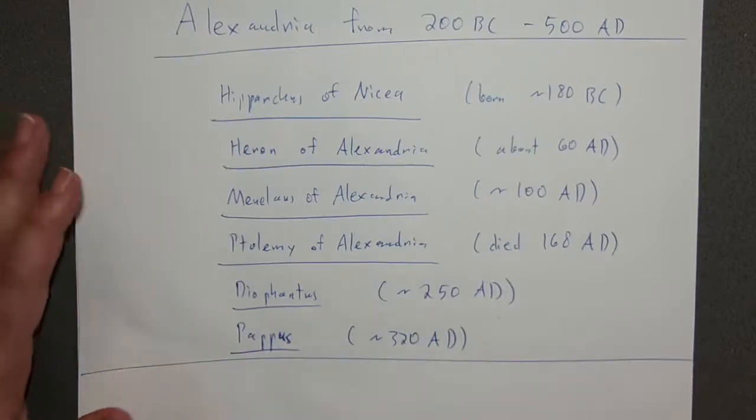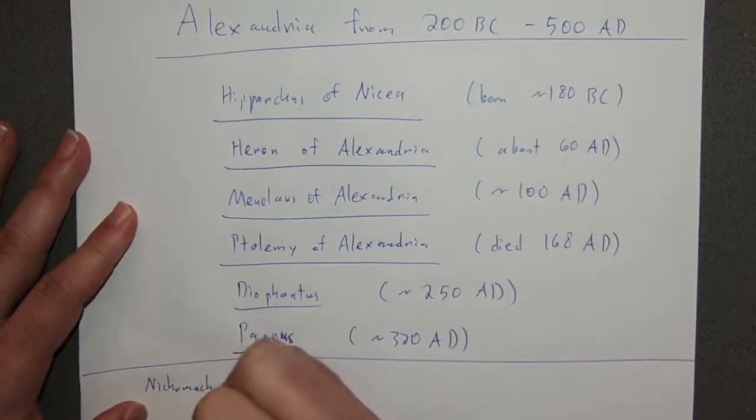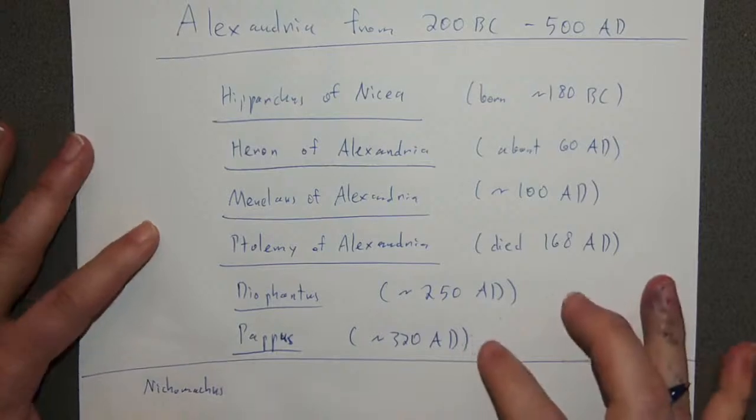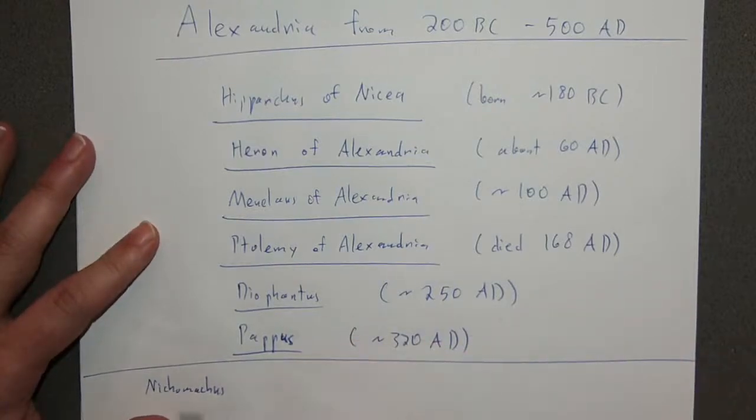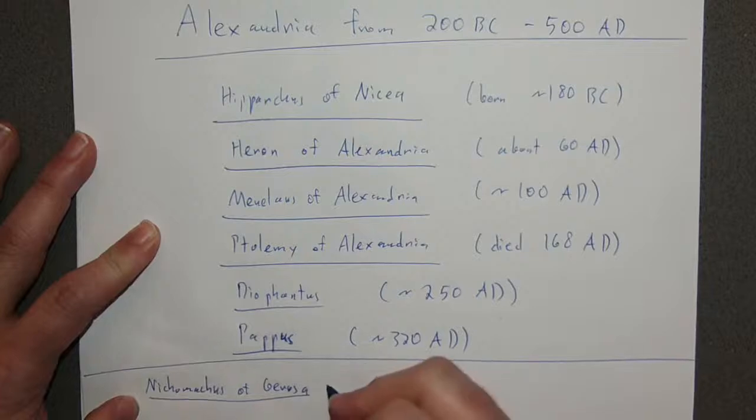So some of those, there's Nicomachus. I actually have some of his works as well in that same tome from which I showed you Euclid and Archimedes. So there's Nicomachus of Gerasa. Nicomachus of Gerasa was active about 100 AD.